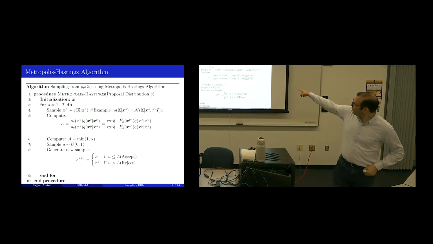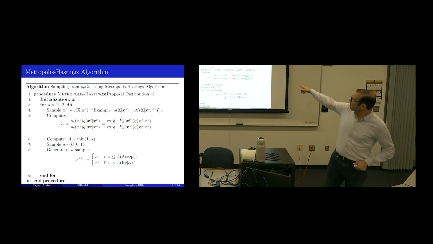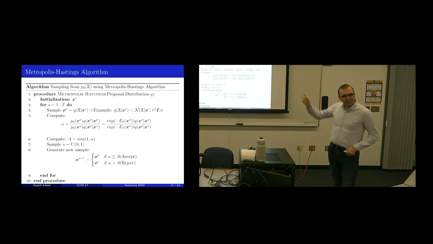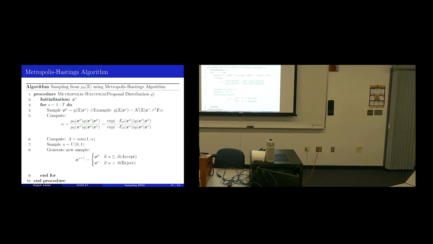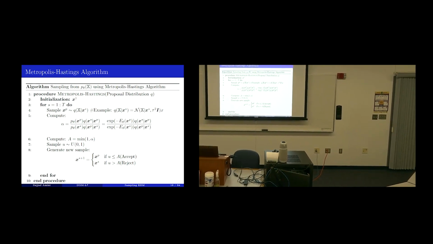There is also another option here. Q of X given XS is a normal distribution around XS. It means that, what do you think? You have a normal distribution over XS. The variance is tau to the power of 2. And now this is the proposal distribution.